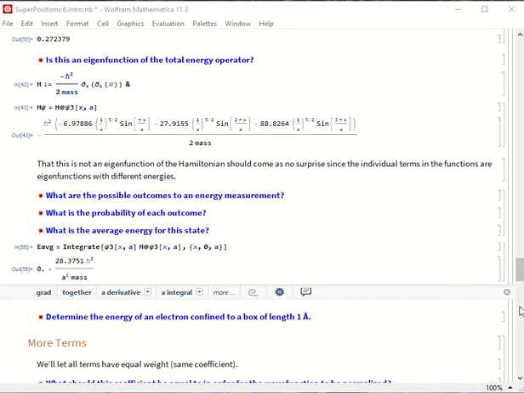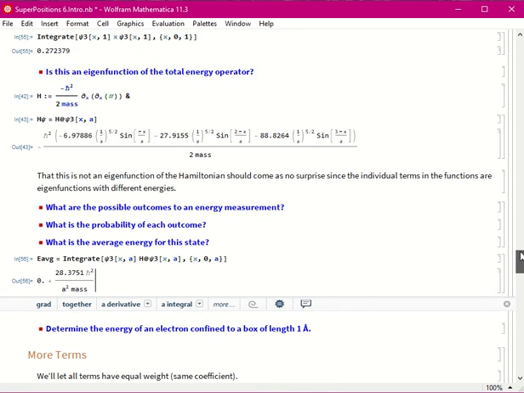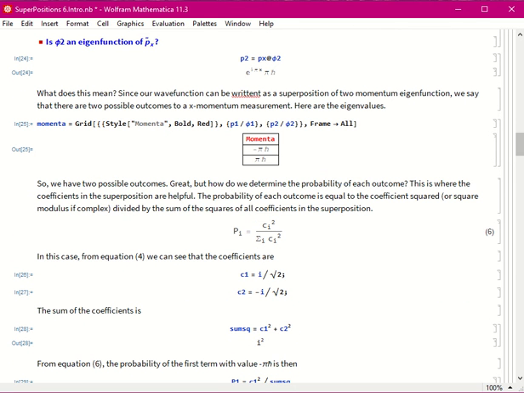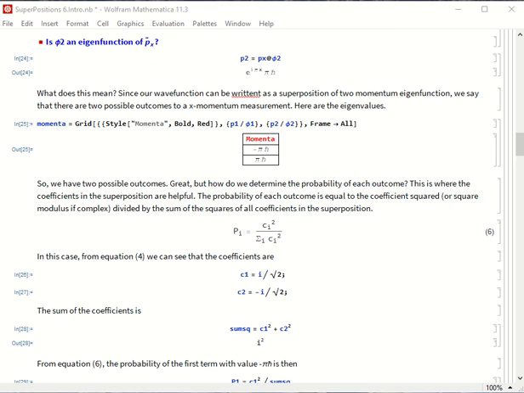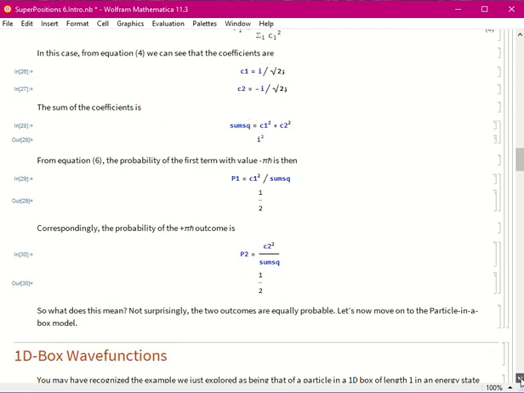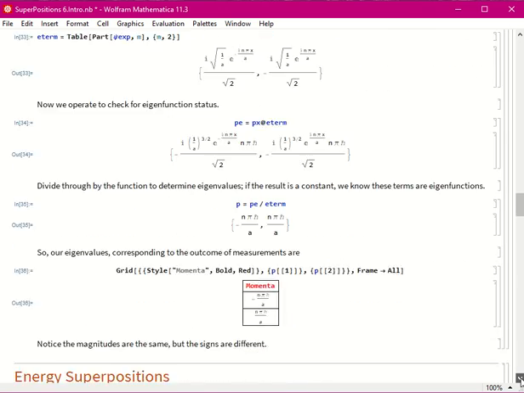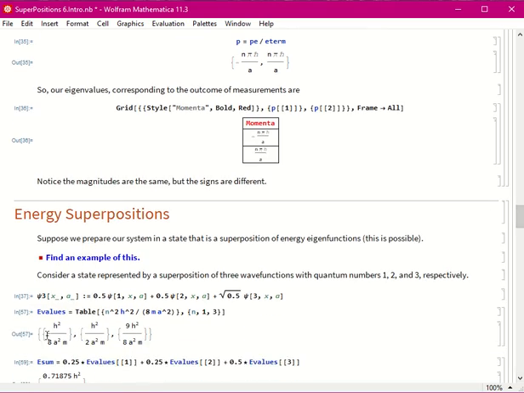But again, we've got 3 outcomes, and those correspond to, going back up to the top, here we go, I went too far. So here are the 3 possible results: h squared over 8ma squared, h squared over 2ma squared, and 9h squared over 8ma squared.